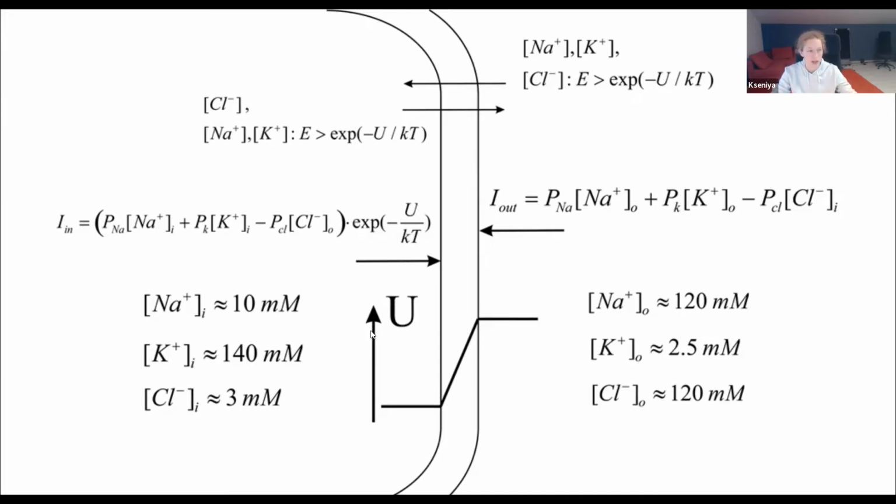But if they have high energy because of their temperature, they can do that. To find how many ions can transmit from inside to outside, we should make this product. To calculate the current from outside to inside, we shouldn't do any product because there is a field. They don't need energy.